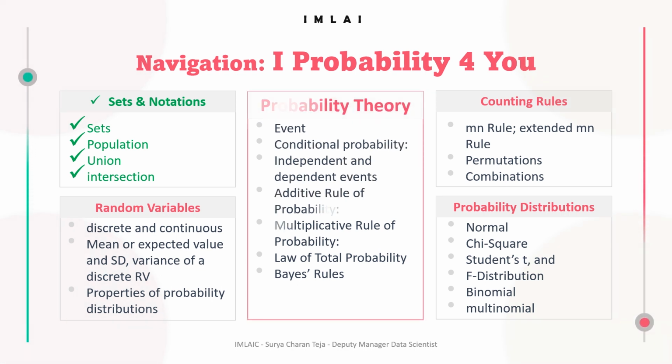So in probability theory, we'll be seeing event, conditional probability, and independent and dependent events, additive rule of probability with mutually exclusive events and not mutually exclusive events, then multiplicative rule of probability, then finally law of total probability, and the most important one, Bayes theorem. Okay, let's get into the action now.